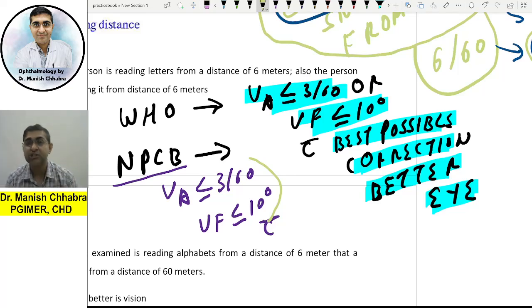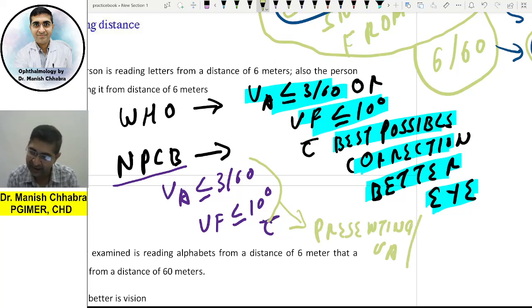Best possible correction means if the patient's vision is 6 by 60, you try giving glasses, you do refraction, and the patient's vision is improved with refraction. You will take that improved visual acuity into account. But here it is the presenting visual acuity without glasses, and again in the same better eye.